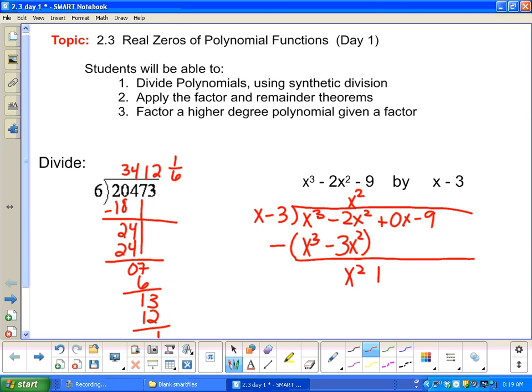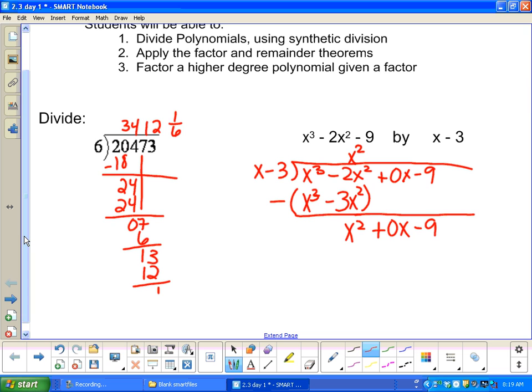I bring down. Now, in long division, I always bring down the whole thing so I don't get lost where I'm supposed to be. X times what will give me x squared? It will be x. So now I distribute, x squared minus 3x. Again, subtract.